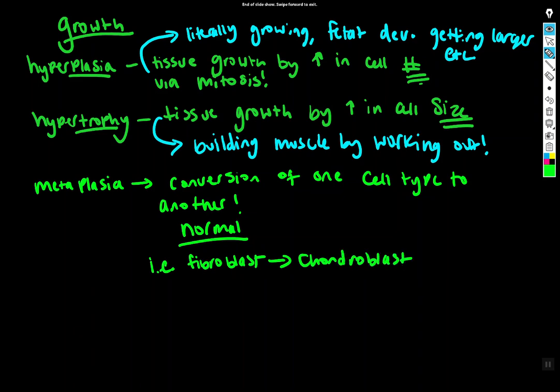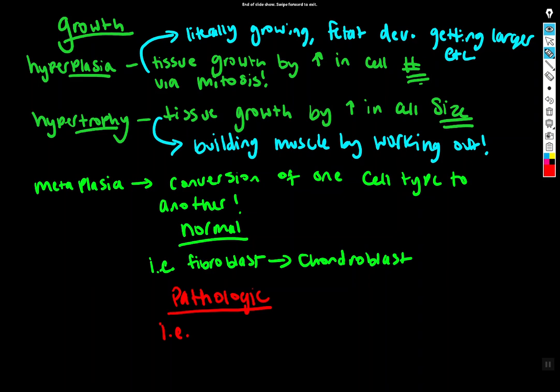Some metaplasias are pathologic, meaning they're evidence of illness. An example of a pathologic metaplasia: your esophagus is supposed to be lined with stratified squamous epithelium, because stratified squamous epithelium is abrasion resistant.